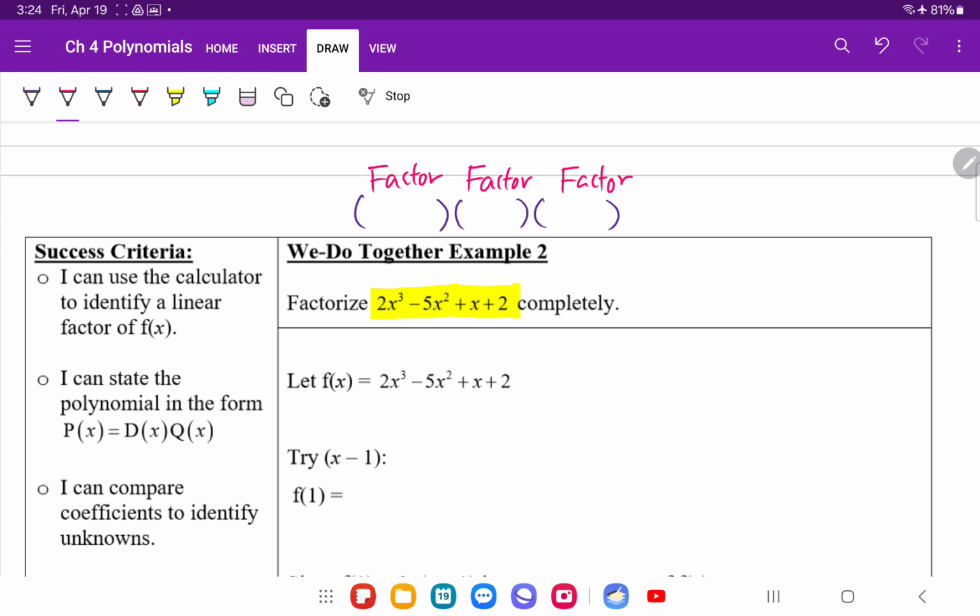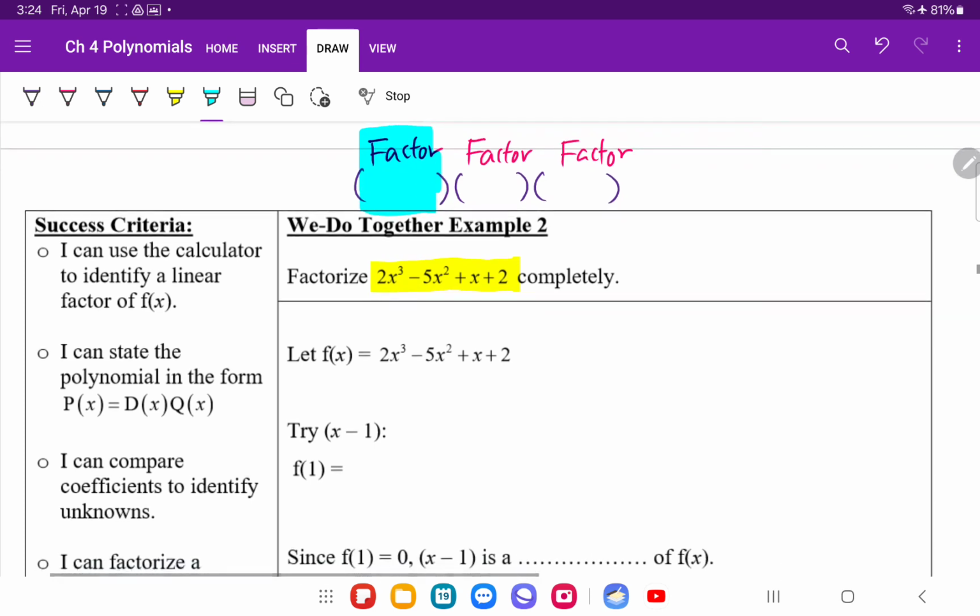So what we need to do first is try to get one of the factors out. Based on what I wrote below, we are going to try our luck first. Try x minus 1. To check whether or not it is really a factor, let's substitute. f substitute 1 is 2 times 1 to the power 3 minus 5 times 1 squared plus 1 plus 2.